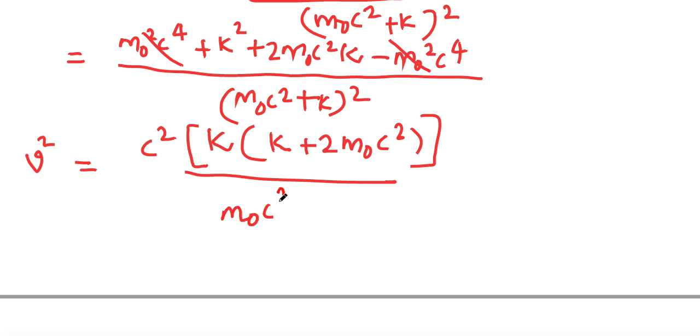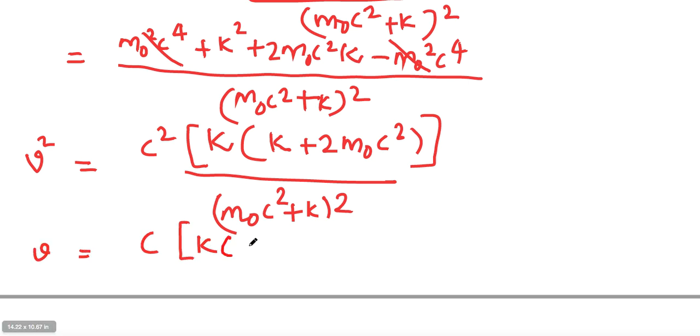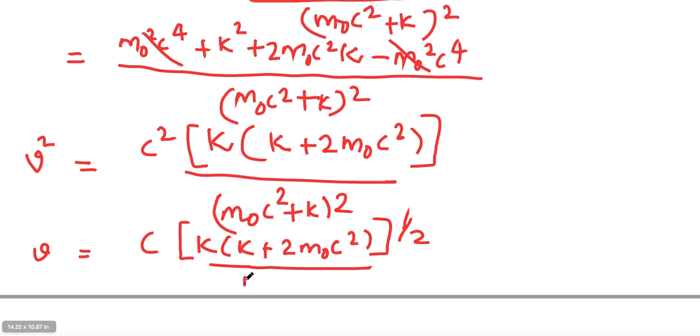m0 c square plus k the whole square. So from this expression we can calculate v as c into root of k into (k plus 2 m0 c square), the whole raised to 1 by 2, divided by m0 c square plus k.